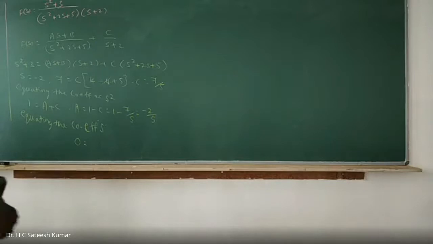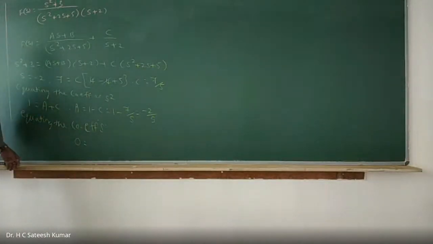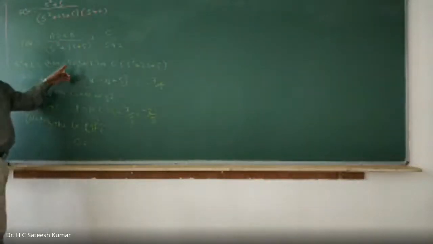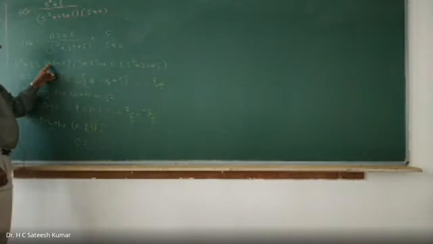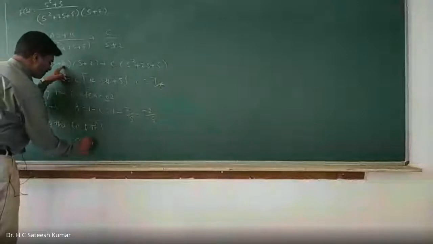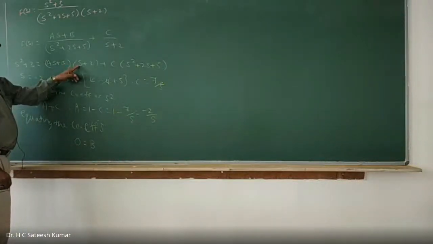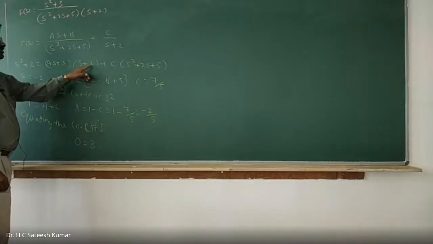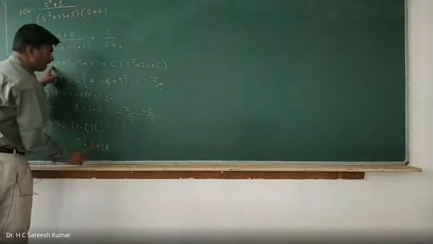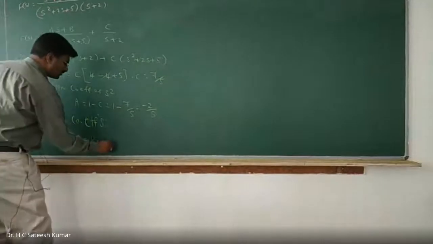Sorry. Okay, right. 0 is equal to what we have, the coefficients of s. Coefficient of s here is A, and B, and 2A, and 2C.